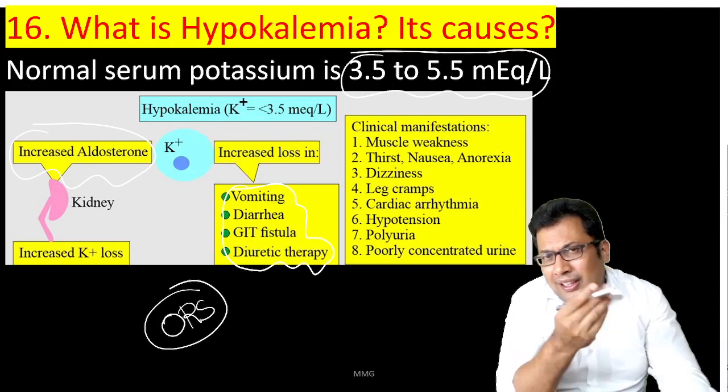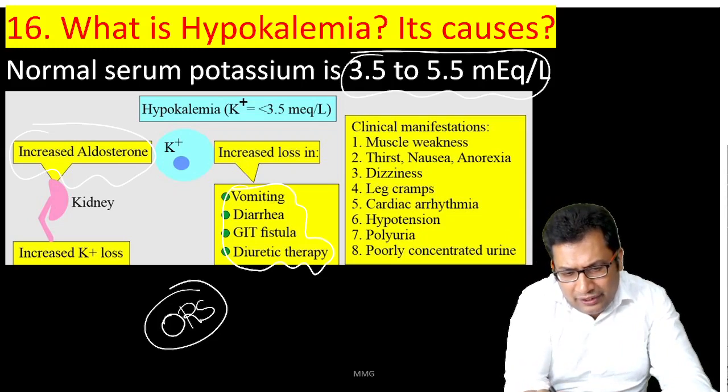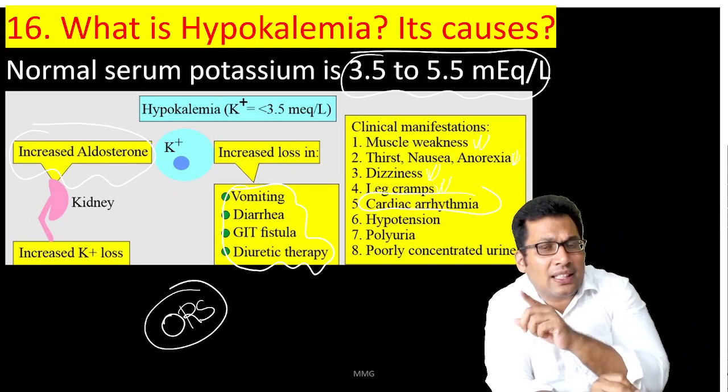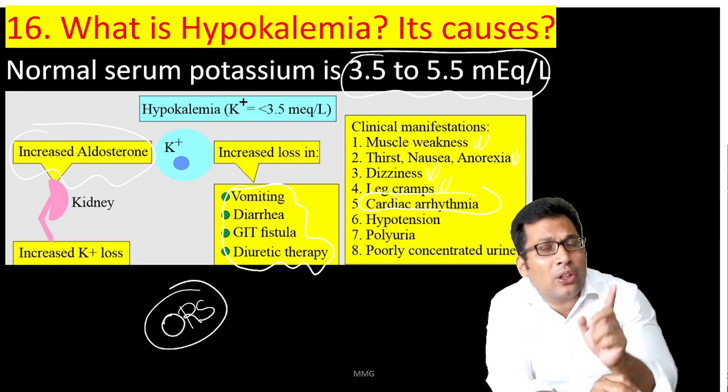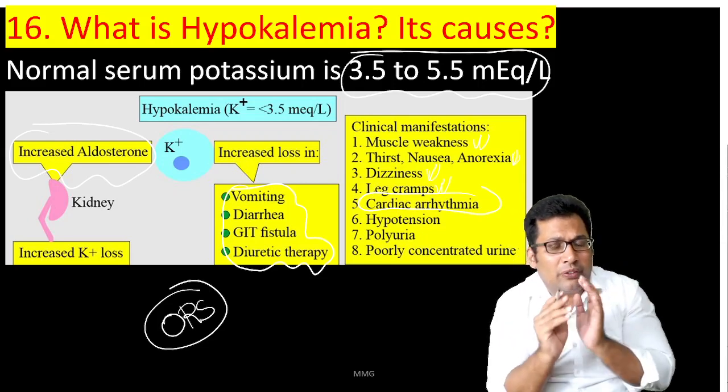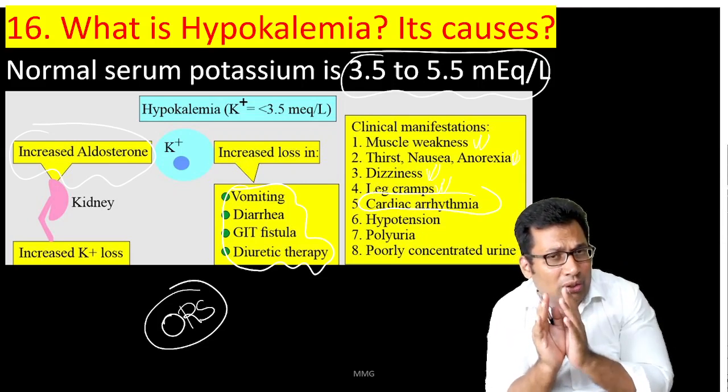So what are the clinical manifestations? Muscle weakness, nausea, anorexia, dizziness, leg cramps, cardiac arrhythmia. One very important clinical finding is the cardiac arrhythmias, hypotension, polyuria, and poorly concentrated urine. So if you write this, you will get 3 out of 3.